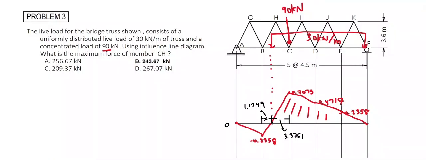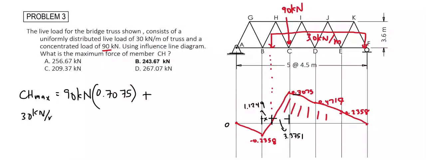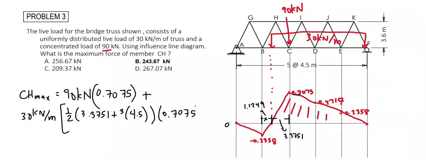Now to solve for the maximum force of member CH, we multiply the concentrated load of 90 kN by this value here of 0.7075, plus the uniform load of 30 kN per meter times the area of this triangle. That is an area of 1/2 times the base of 3.3751 plus 3 times 4.5, multiplied by a height of 0.7075.